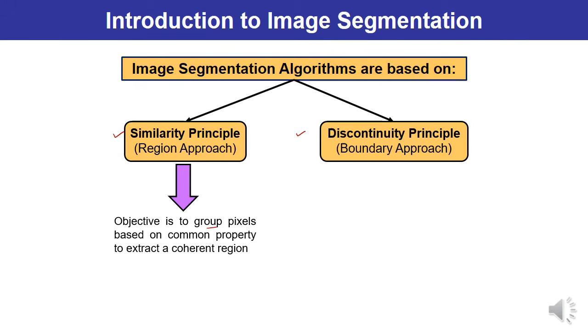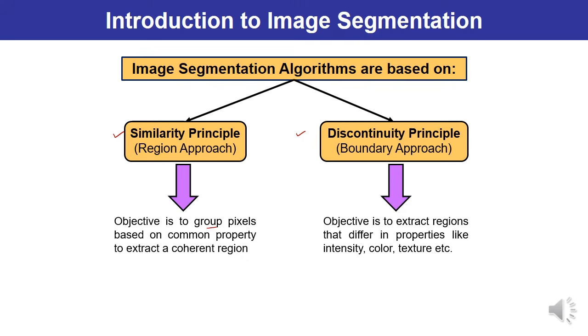What about the discontinuity principle, which is also known as the boundary approach? You can analyze it very easily. If you are drawing an image of a ball, there must be a certain boundary, and if you observe the behavior, the pattern or components at the inner portion of the boundary and at the outer portion of the boundary differ, so you can identify the boundary, meaning there is an abrupt change.